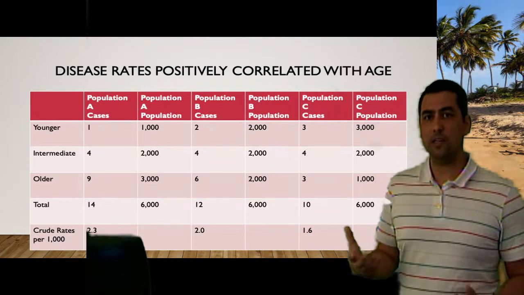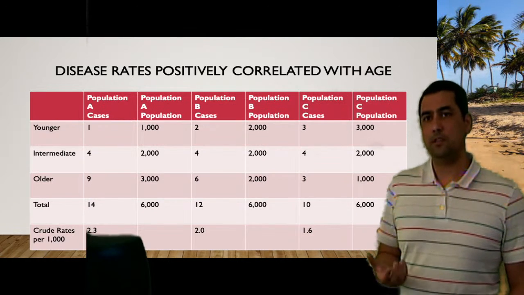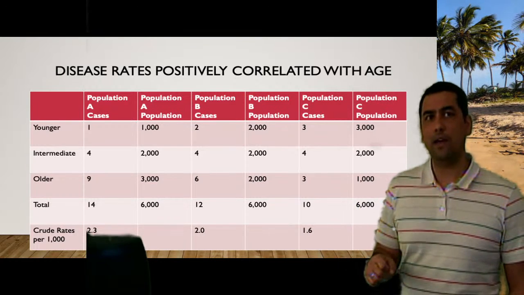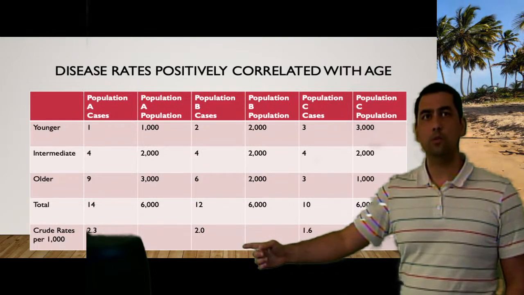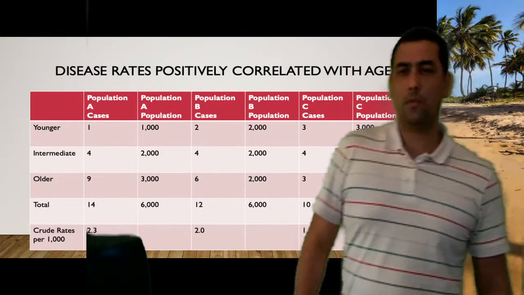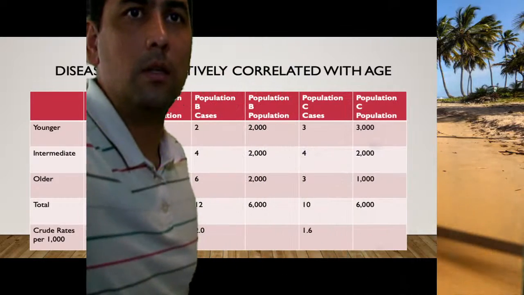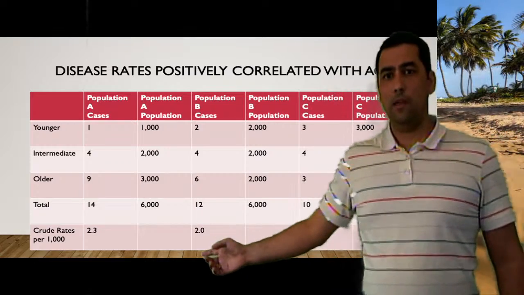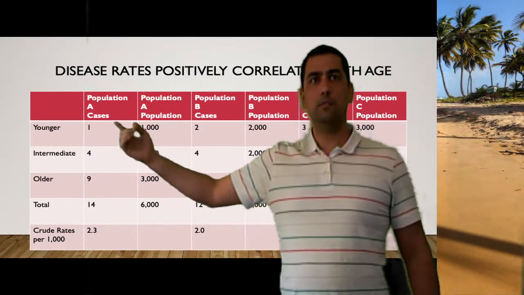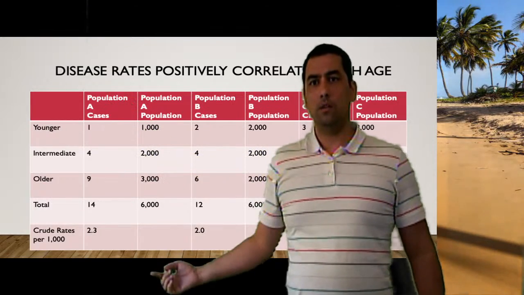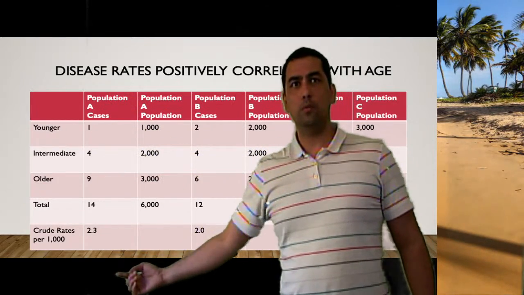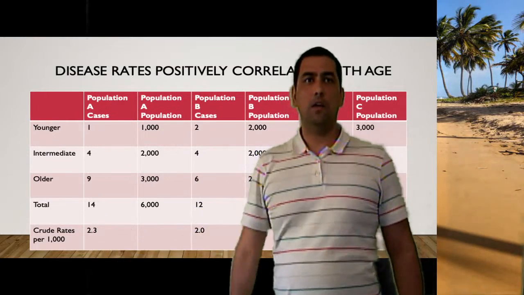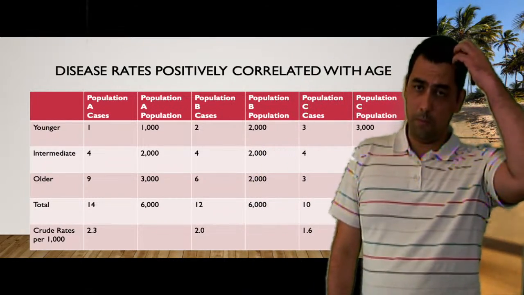This table is to exemplify this question. The last line will have the crude rates. In the crude rates, in population A, you have 2.3 per thousand people.